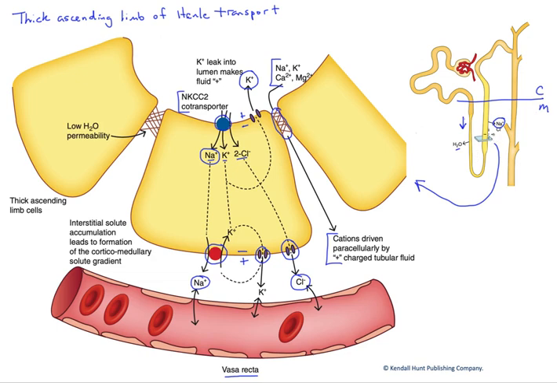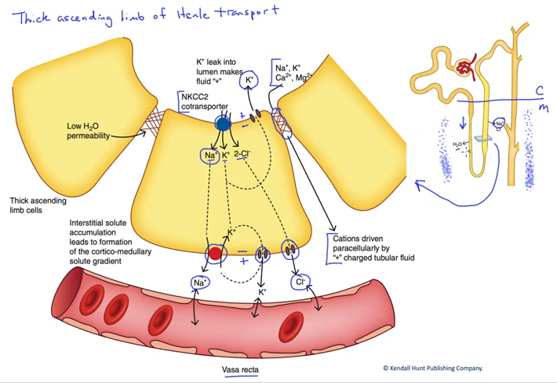Now, if we come back over here to our smaller picture at the right, what we've done is we've transported solute out of the ascending limb, generating a gradient in the interstitium. And I could draw this anywhere. And it gets saltier the deeper we go into the medulla. It would also be over here, right, everywhere, over here next to our descending limb.